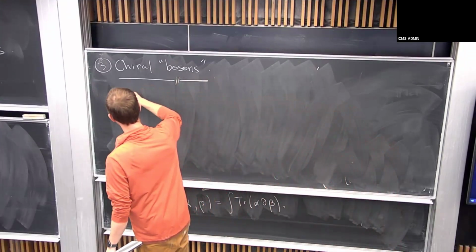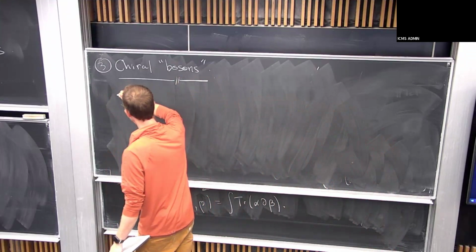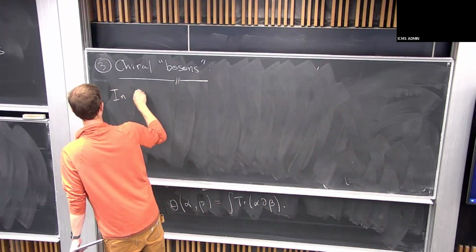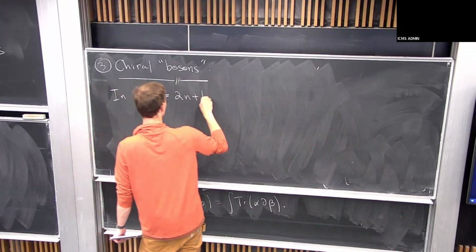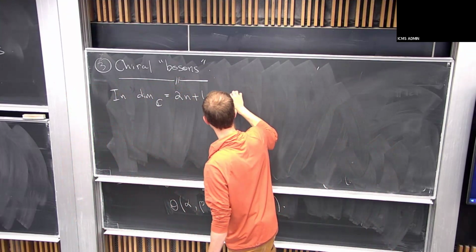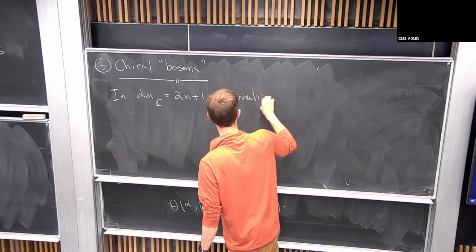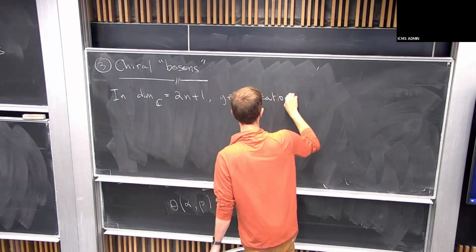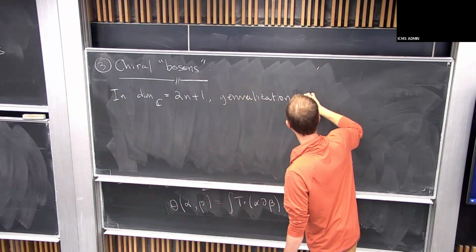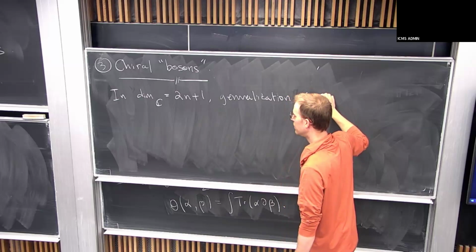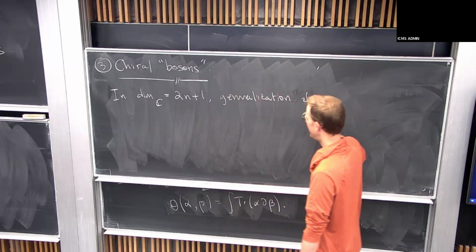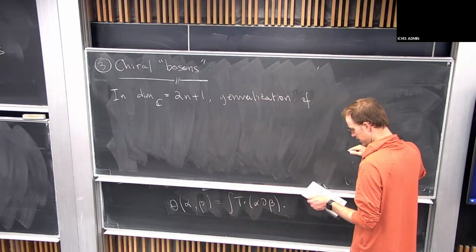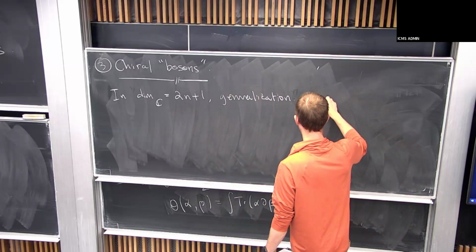So in complex dimension 2n plus 1, I'm going to talk about generalizations of the chiral boson.